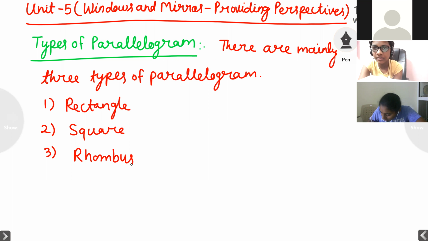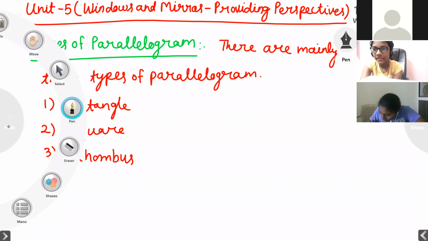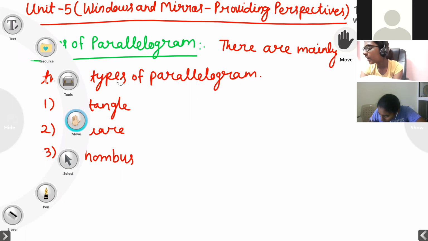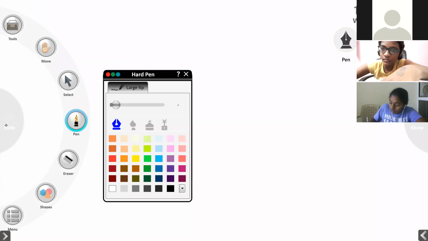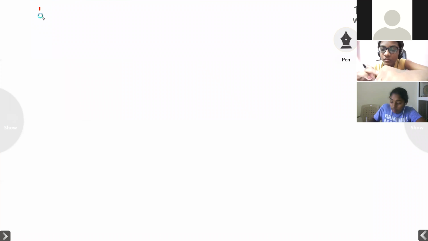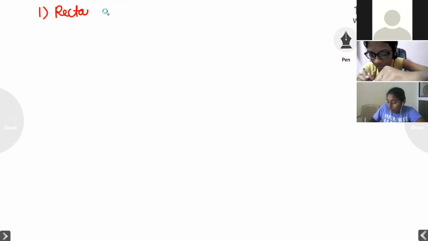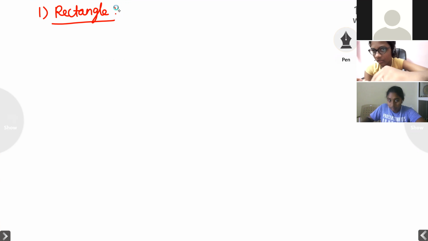Now first keep heading rectangle. Can I say rectangle is a parallelogram or rectangle is a quadrilateral?